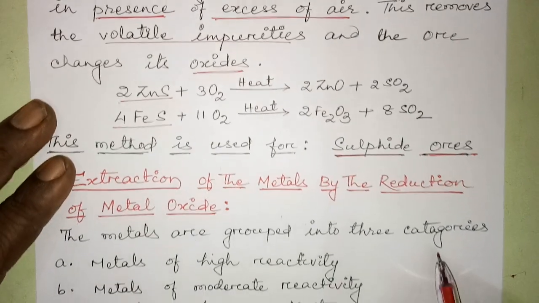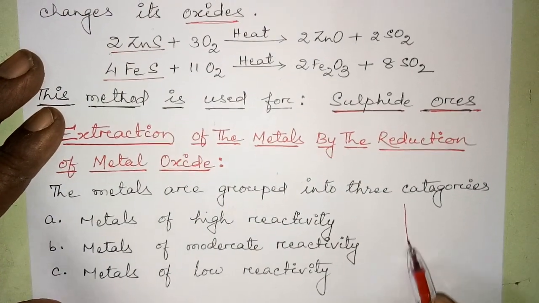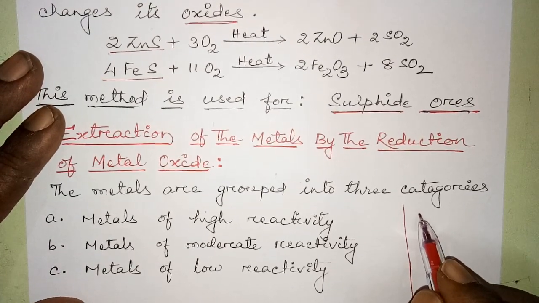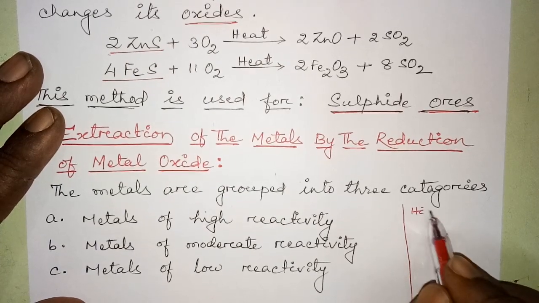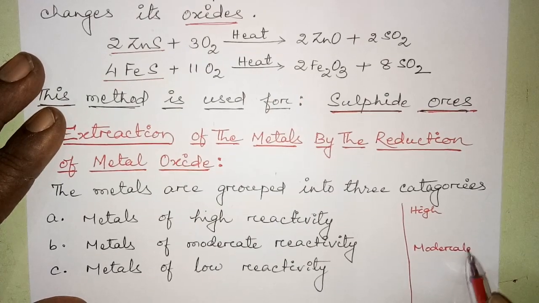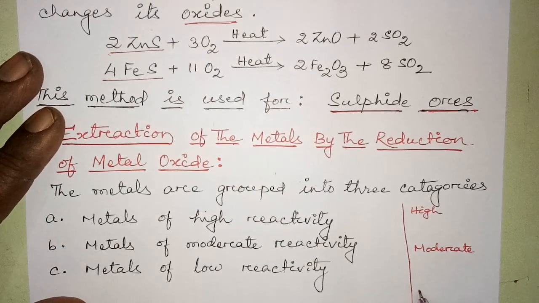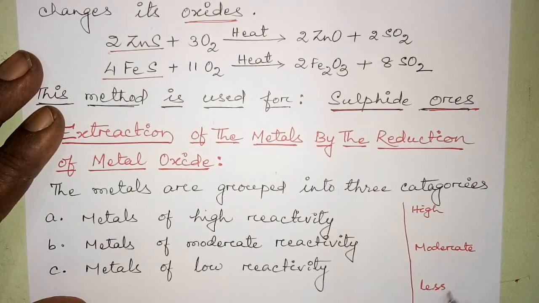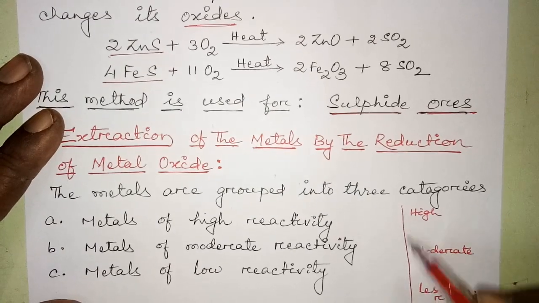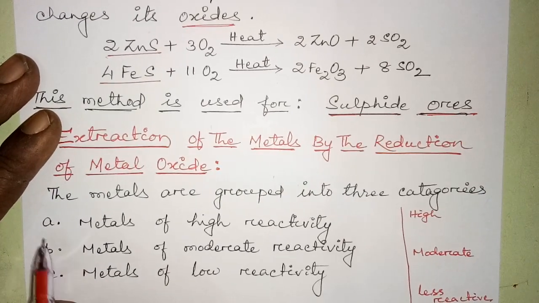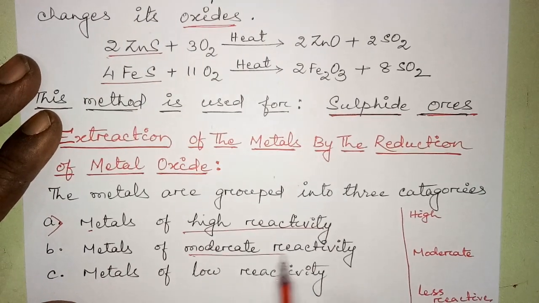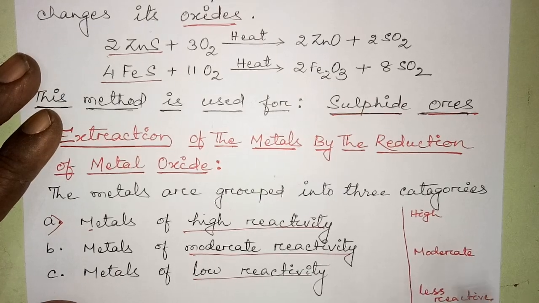As you know, in the metal activity series, going from top to bottom, the top one is highly reactive, the middle one is moderately reactive, and the last one is the least reactive. Understood? So these three parts are categorized as metals of high reactivity, metals of moderate reactivity, and metals of low reactivity.